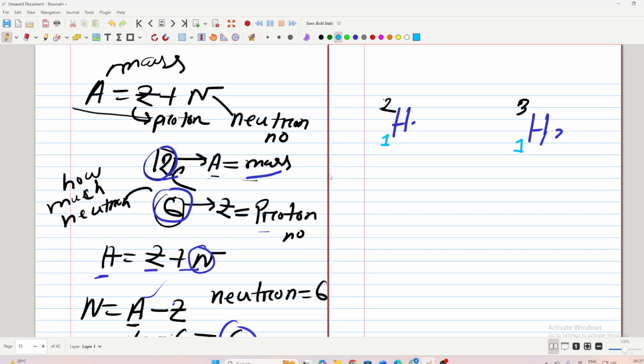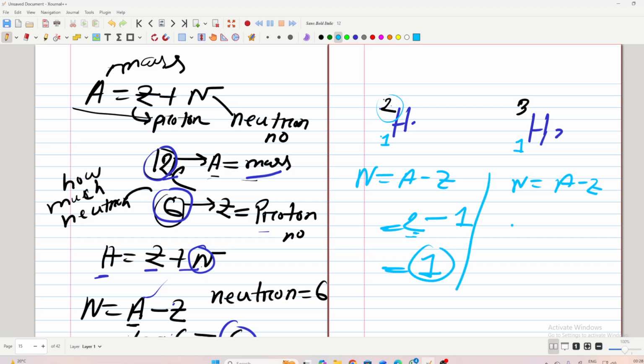We know that neutron number equals A minus Z. This hydrogen's mass is 2 and proton number 1, so if we subtract the proton number from the mass, we get neutron number 1. And this hydrogen has mass 3 and 1 proton, 3 minus 1 equals 2. So this hydrogen has 1 neutron and this hydrogen has 2 neutrons.